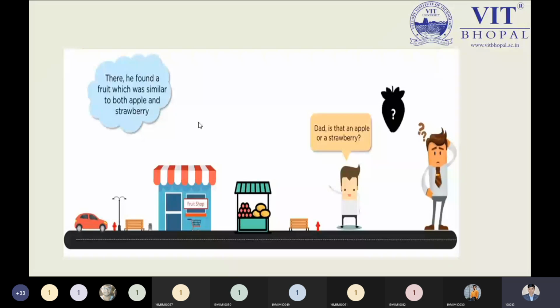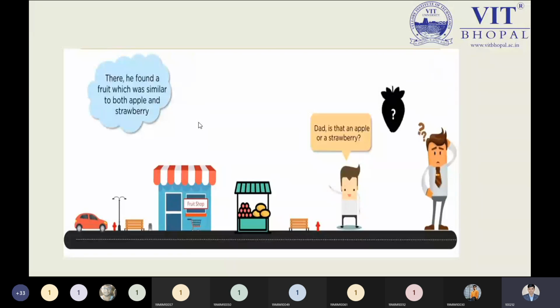So if I put in new information for my son, showing a new or different kind of food, he can easily determine whether it is a strawberry, an apple, or maybe a different kind of food. There, he found a fruit that was similar in color. Apple and strawberry almost both belong to the red color, so definitely at that time my son will get confused.